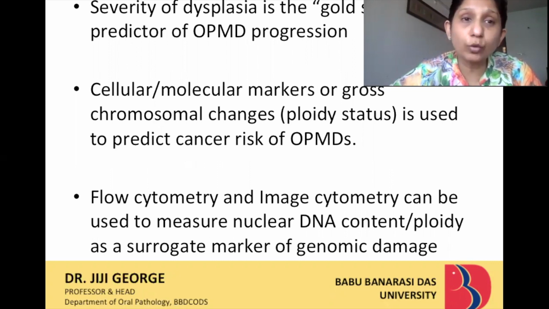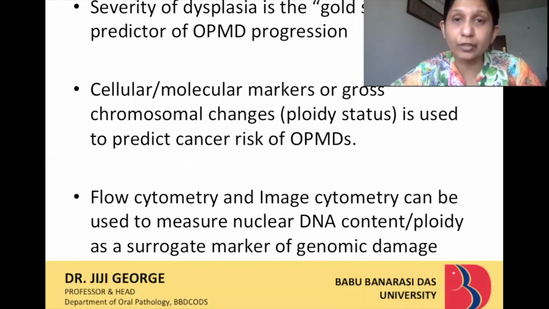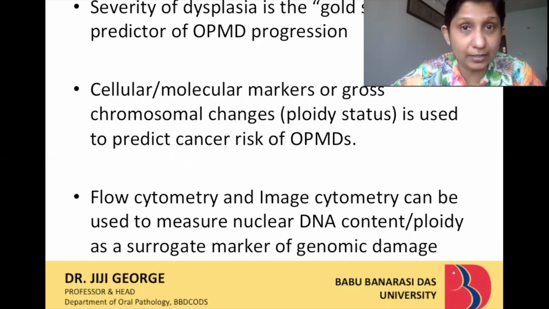That means just looking at the patient clinically, we cannot predict if the lesion is going to undergo a malignant change. But if you take a biopsy of the lesion and see it under the microscope and you see dysplasia, depending upon which grade of dysplasia is present in the lesion, you can actually predict if it is going to form a malignancy later on or not.